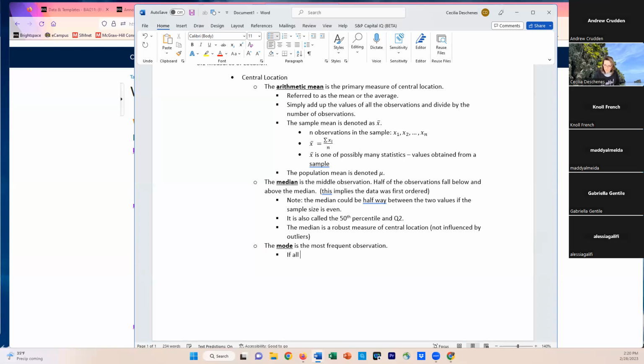If all the values occur only once, there is no mode. There can also be ties on what's the most frequent, and hence more than one mode.